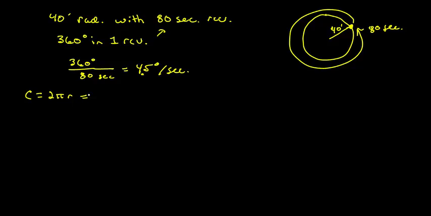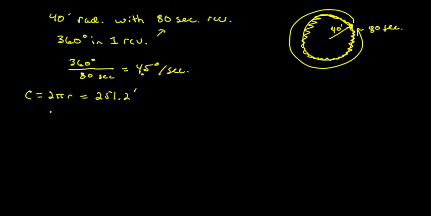So 2 times 3.14 times 40 is going to give us 251.2 feet. So basically the length around the wheel, if you were to walk around the wheel, you'd be traveling 251.2 feet.